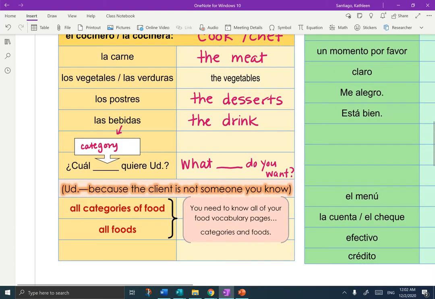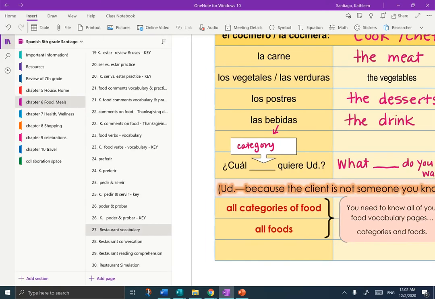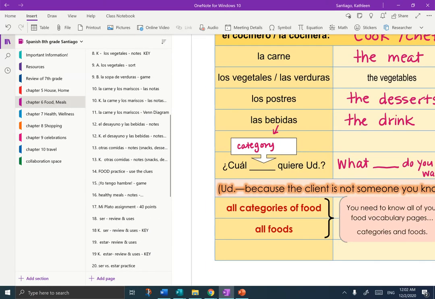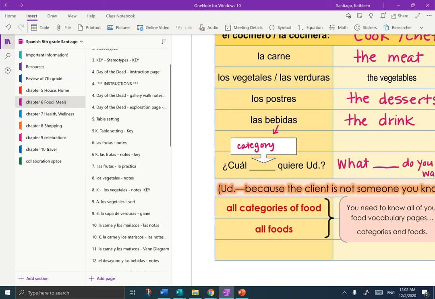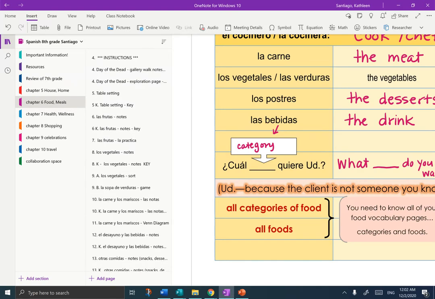So what else does the cook need to know? All of the categories of food and all of the foods. So you need to go back to your food vocabulary, and let's just look quick. For chapter 6, the food vocabulary was way back here, all the way back to that area.